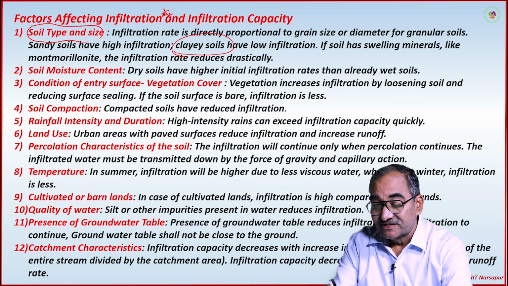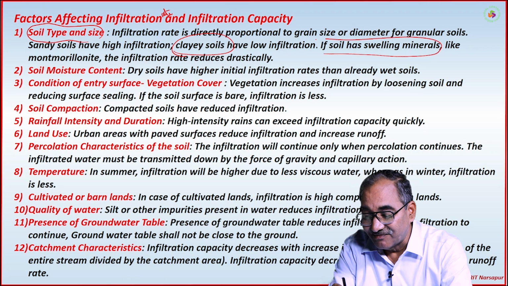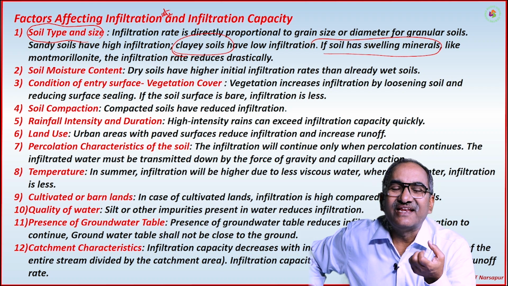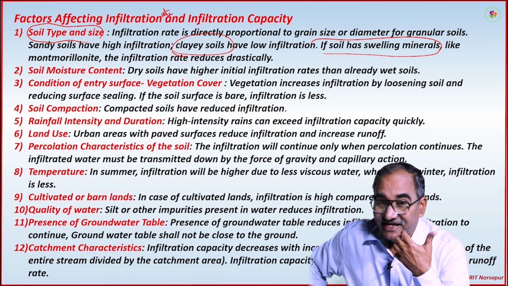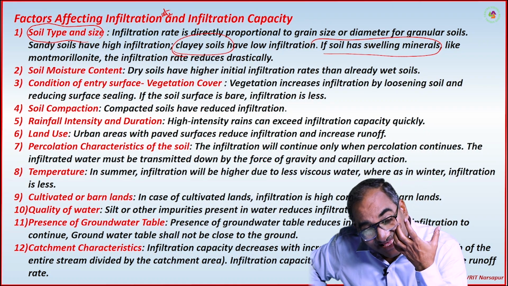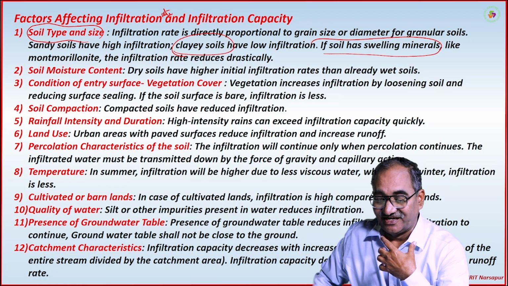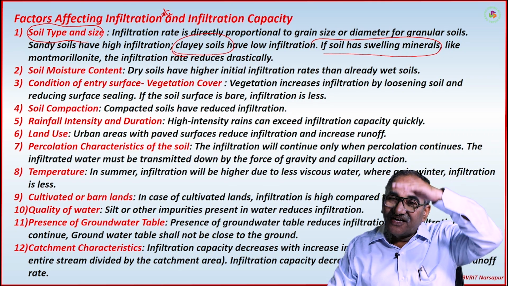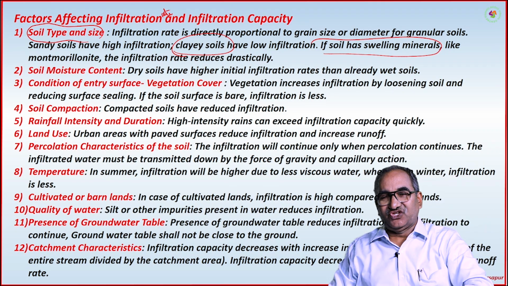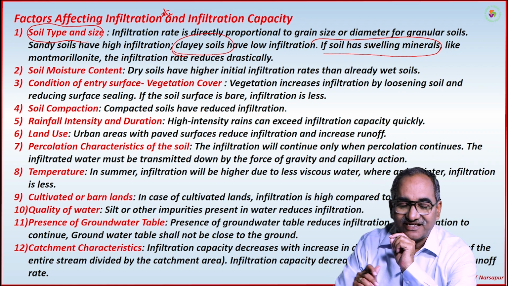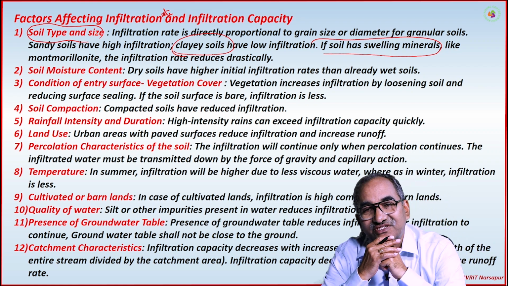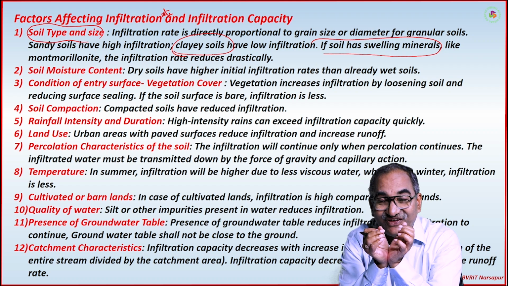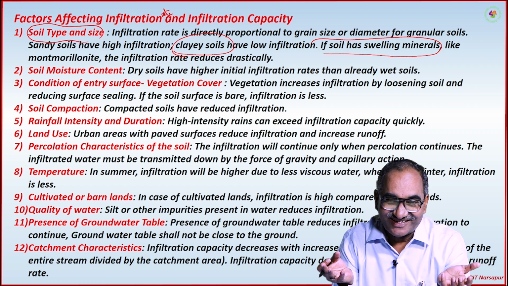Please remember, if the soil has swelling minerals, like black cotton soil, which swells with water, then the infiltration rate reduces drastically. So once again, what do soil type and size mean? The higher the grain size of the soil, the more the infiltration.